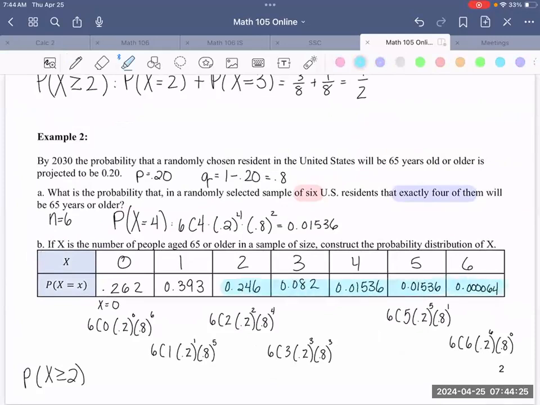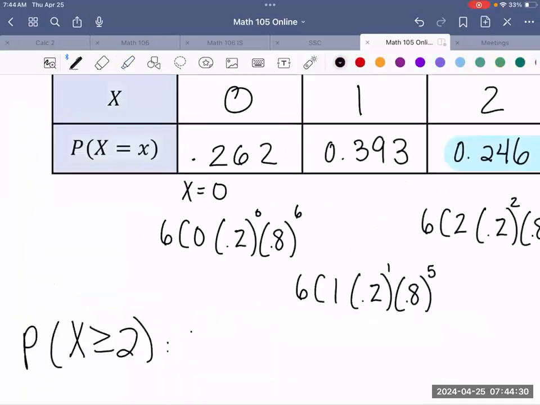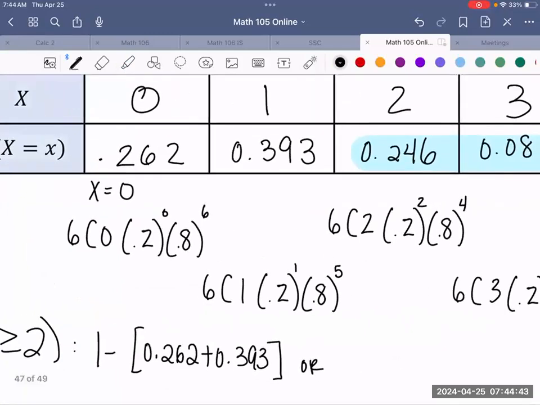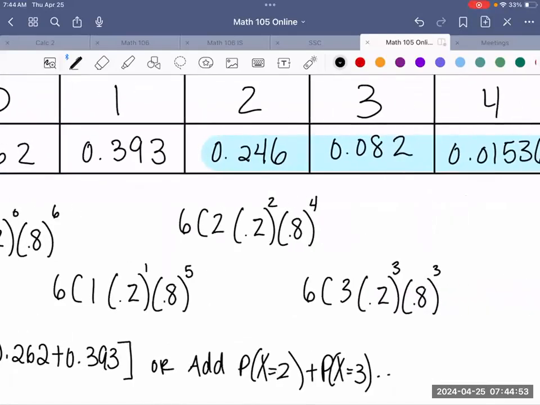Now that's a lot to add, or you can subtract the undesired from 1. 0.262 plus 0.393, or you can add the probability that it's 2, the probability that it's 3, and you keep going, all the way up to 6.